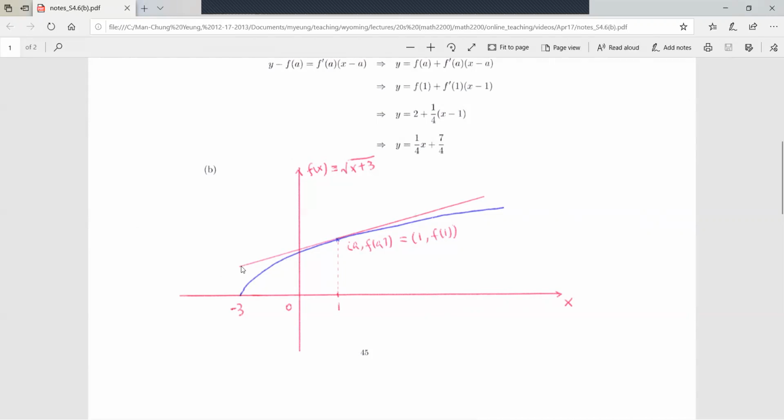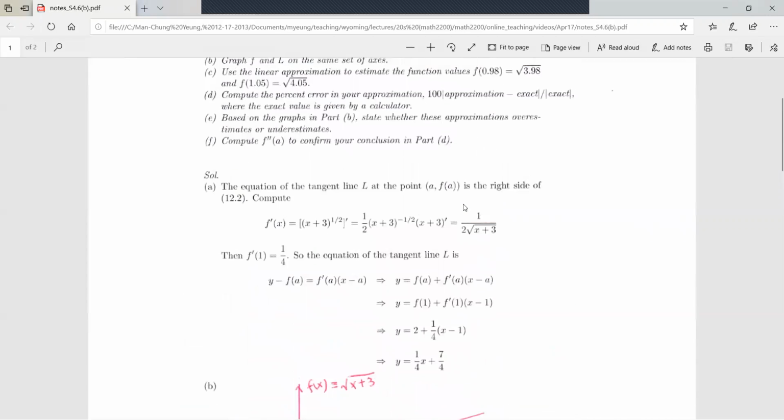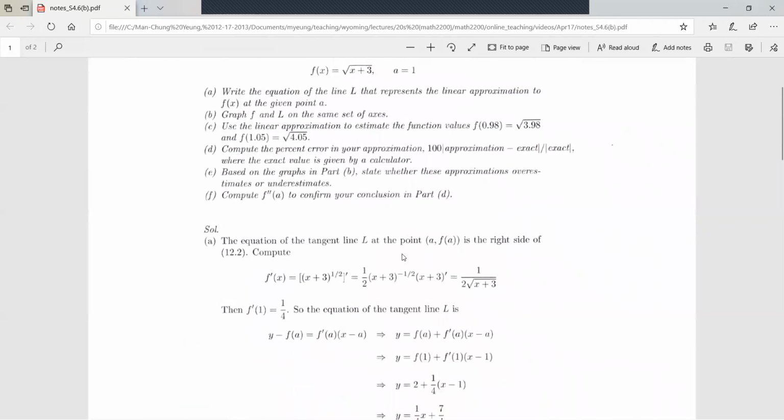Now to write down the equation of the tangent line, I need to know the slope of the tangent line. I have one point. For the slope of the tangent line, compute the derivative. The function is square root of x plus 3.